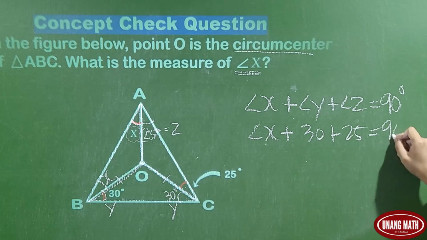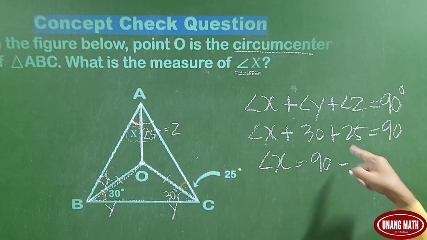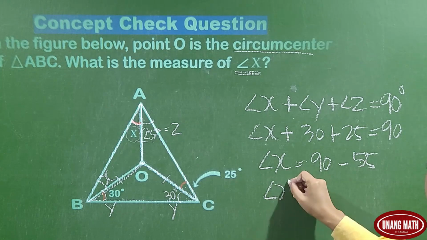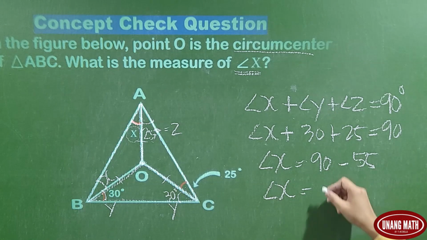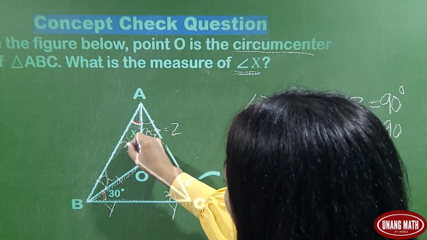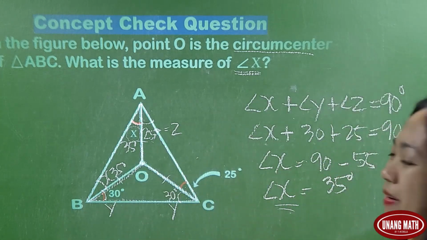This is equal to 90. So to find angle X, 90 minus 30 plus 25, which is 55. So angle X is equal to 35 degrees. This is 35 degrees, and this is also 35 degrees.